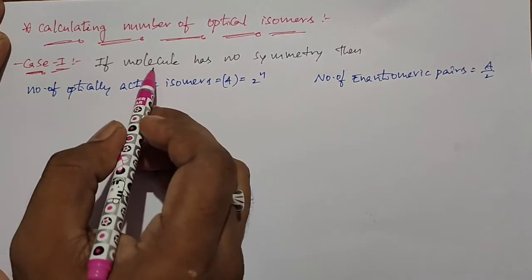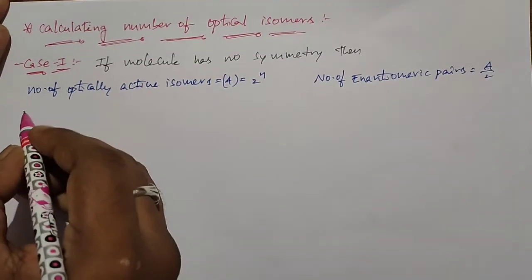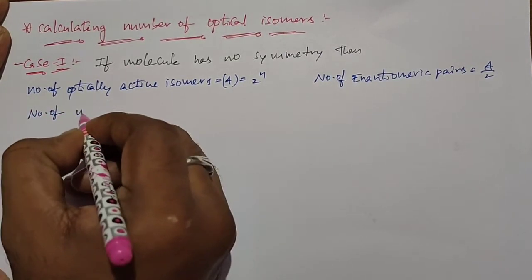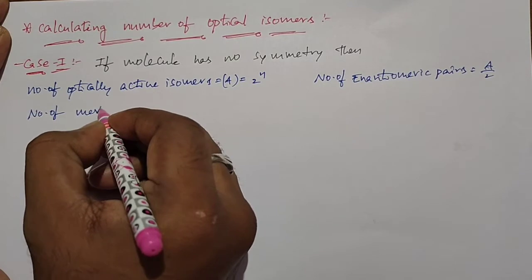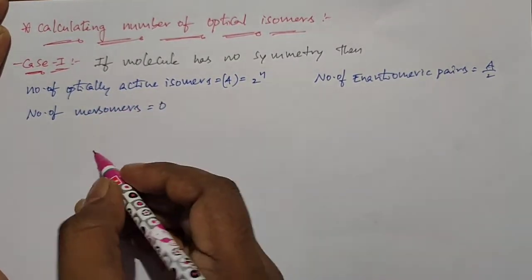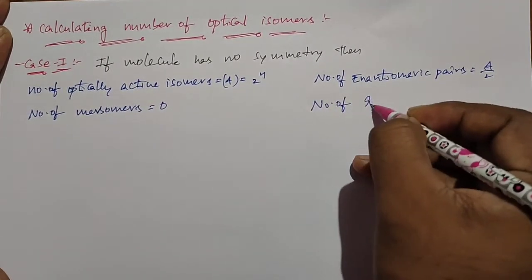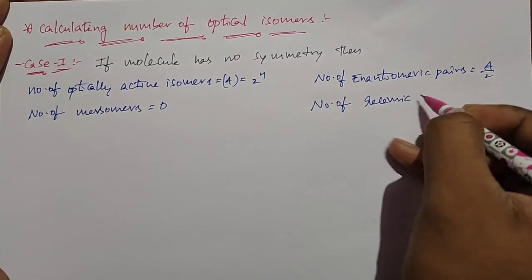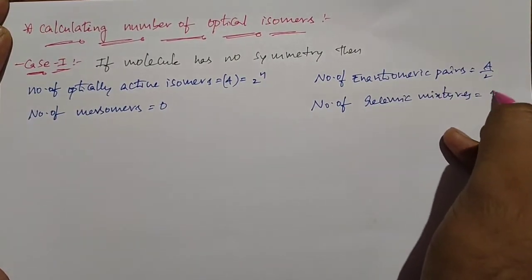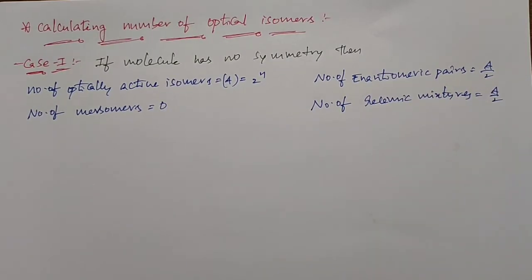Then if a given molecule has no symmetry, the number of mesomers is equal to 0. At the same time, the number of racemic mixtures is equal to A by 2. The number of racemic mixtures and the number of enantiomeric pairs both have the same formula.